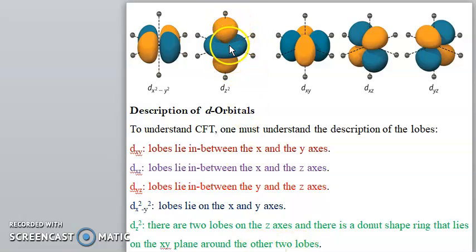Likewise, these two lobes are on the z axis, so it gets this donut shape structure. This is the description of d orbitals.